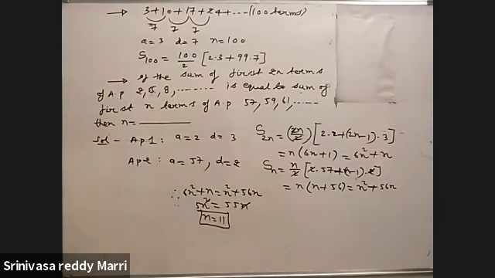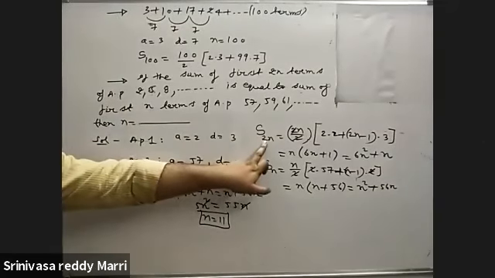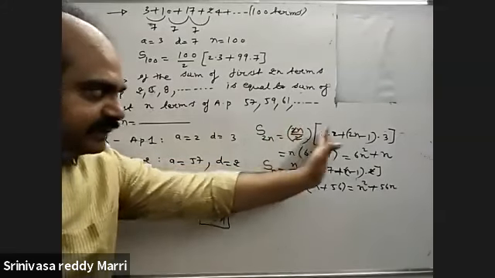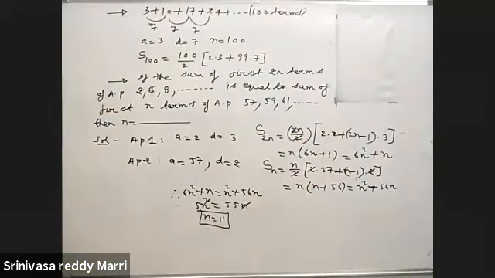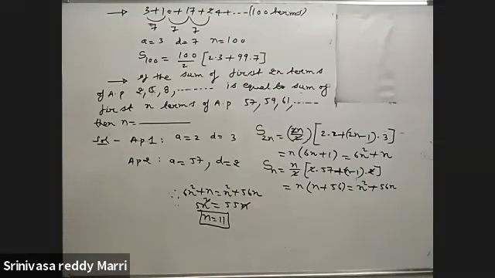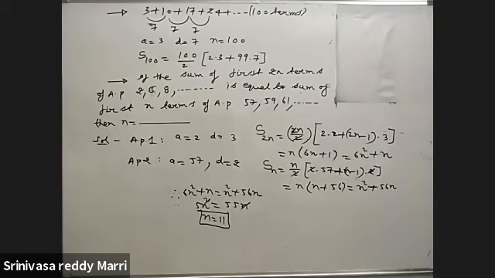Like that, finding the sum of first n terms is simple. Find A and D, then write S2n by replacing n with 2n, then equate both and find the value of n. That is the simple way. Now we will see further applications of this.